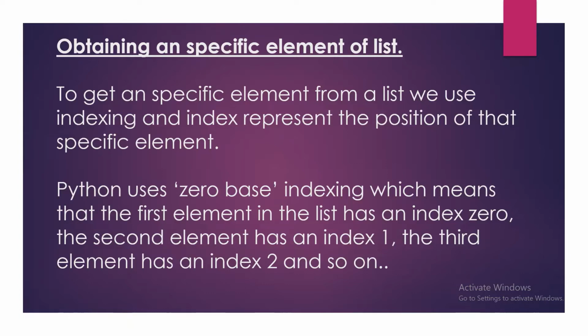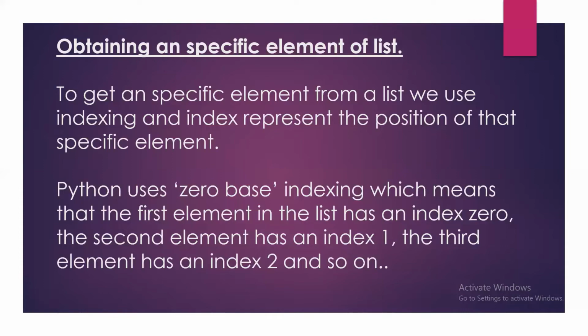Python uses zero-based indexing, which means that the first element of the list has an index 0, the second element has an index 1, the third element will have an index 2, and so on. So if we want a specific element from a list, we have to call that element by its index. So let's see how we can do this.